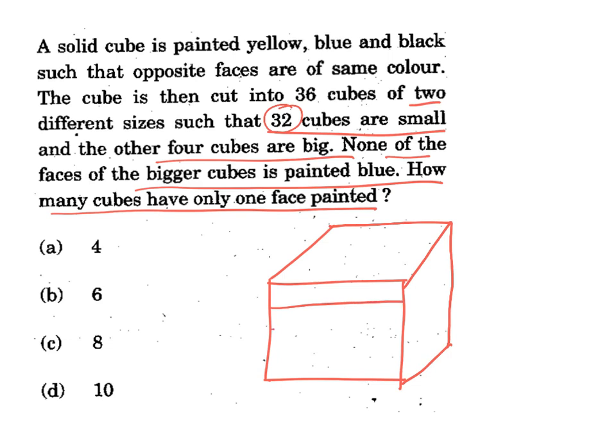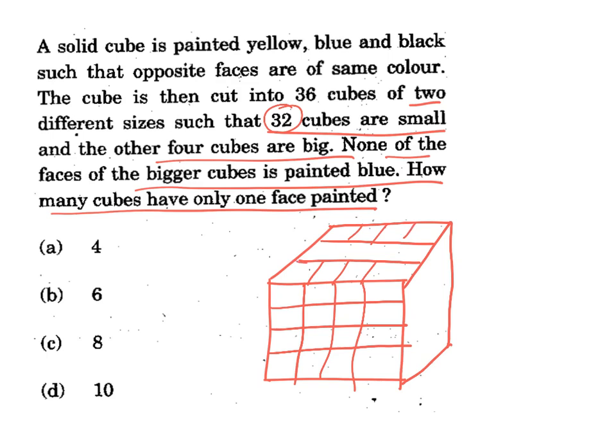Something like this. 16 here, 16 on the back side. 1, 2, 3, 4, 1, 2, 3, 4 this side. So, 2 bigger cubes here. Here also I am doing the same. So, see here 4 bigger cubes, 1, 2, 3, 4.